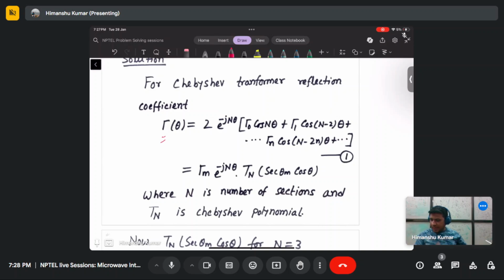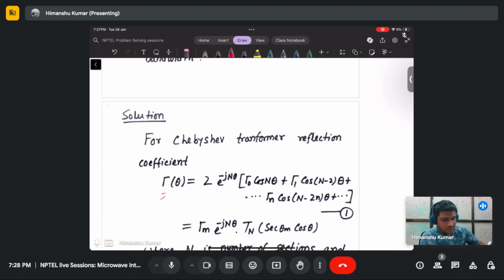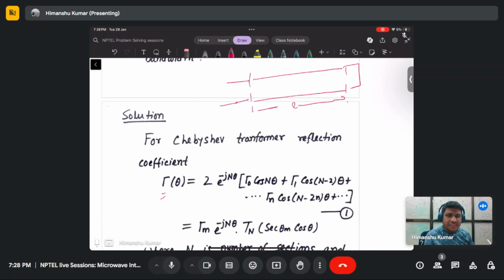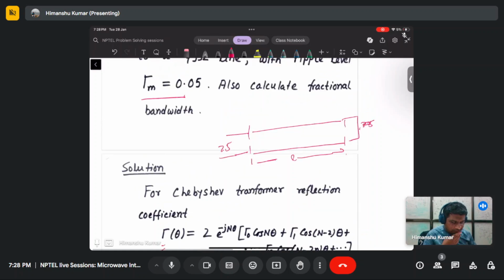You can vary the length of the different transmission lines. Suppose you want to match a line impedance to a load, and you use a transmission line of, let's say, length L. Then if you choose the length wisely, you can match the impedance of the load. Let's say this is 50, this is 75 ohm, and this is some random load. So basically that you can match.